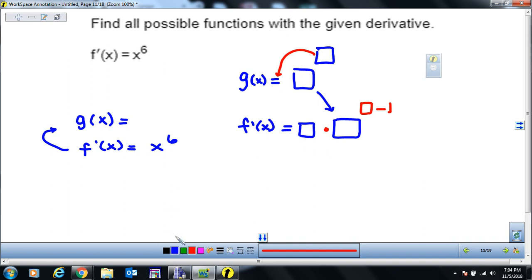So now you have to kind of think backwards. So instead of subtracting 1 from the exponent, perhaps you want to think of adding 1 to the exponent, because you're going backwards. That's what you're doing. So 6 plus 1. That was the original exponent. 6 plus 1 was 7. So that 7, when brought to the front, you may ask, what happened to the 7?